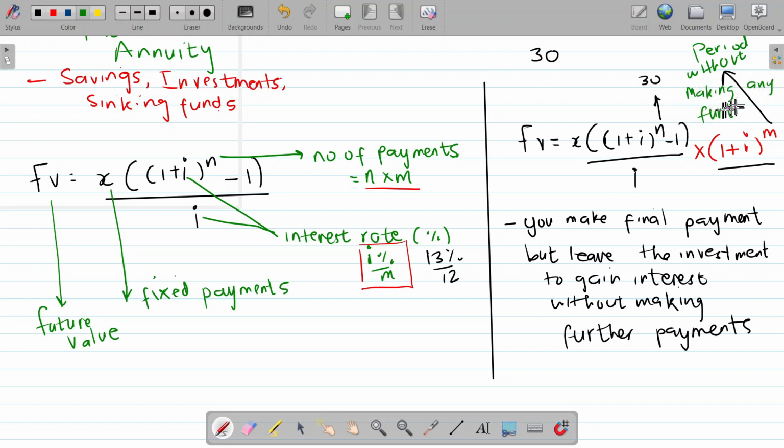If you leave your money in the account, I hope it's visible, this is the period without making any further payments. That's your M in this particular case.